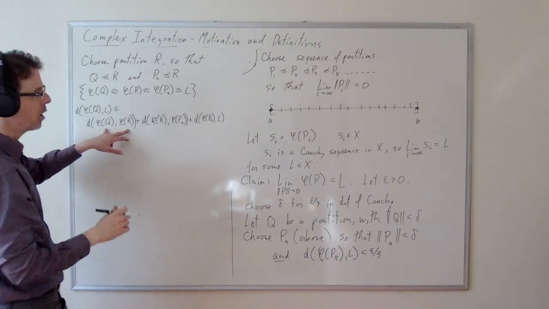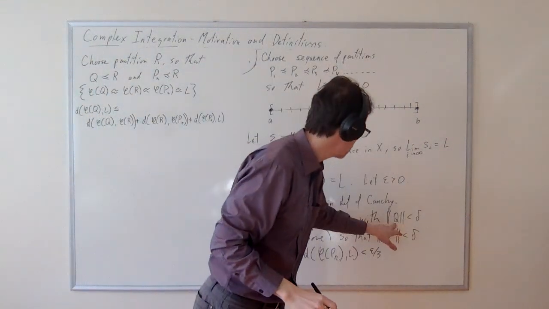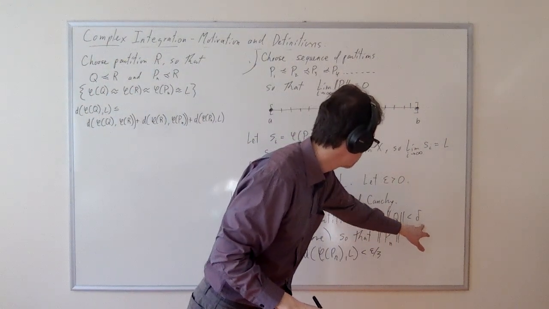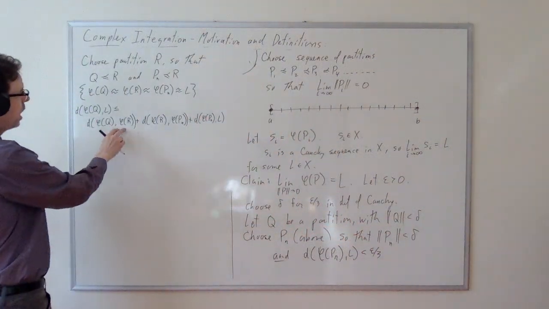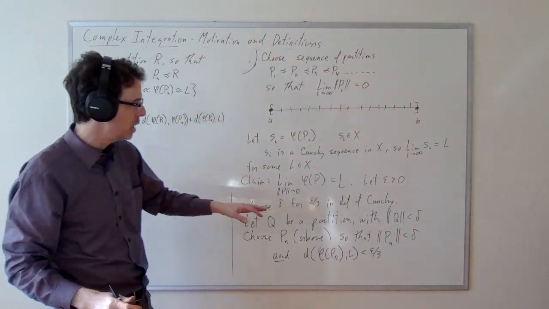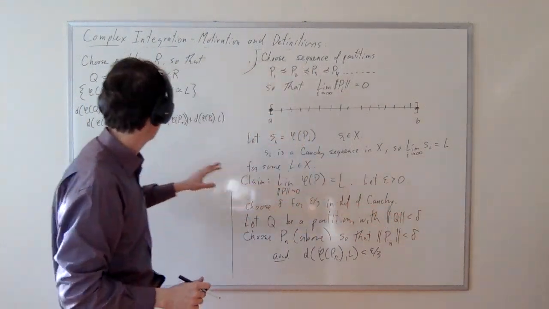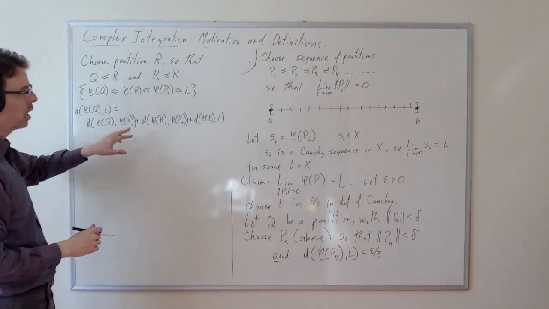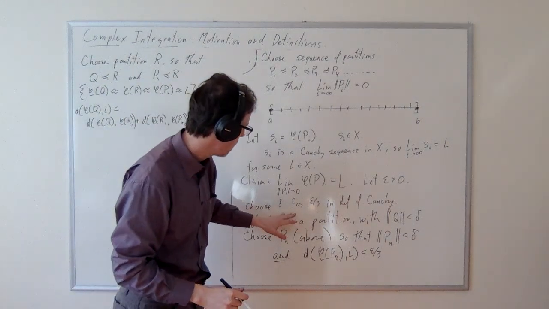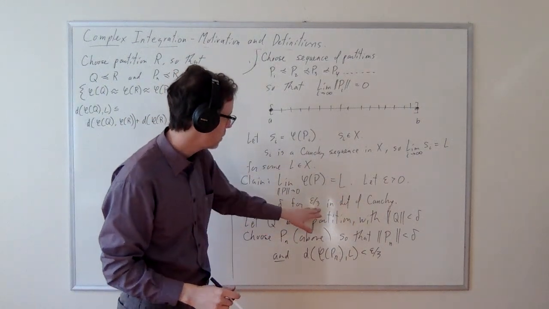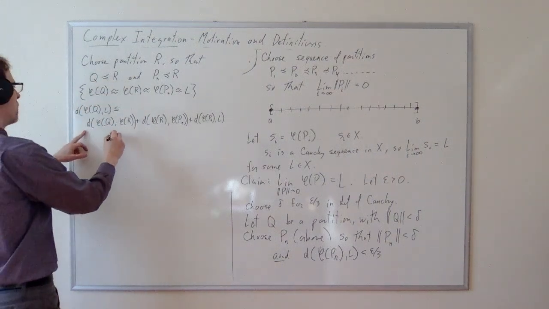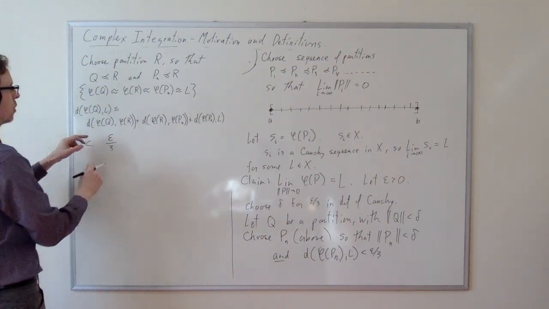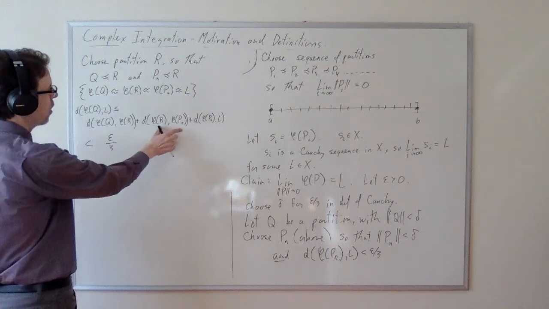Now, Q and R are both delta fine. I know that Q is delta fine. In other words, the norm of Q is less than delta. And R is a refinement of it, so its norm can't be any larger. And so R is also delta fine, and they are chosen for epsilon over 3 in the definition of Cauchy, and they have this refinement. So all of that means that this is less than epsilon over 3. The same can be said for R and Pn.